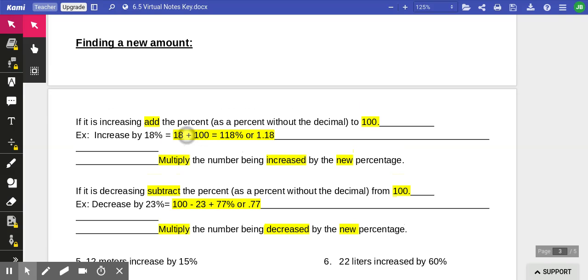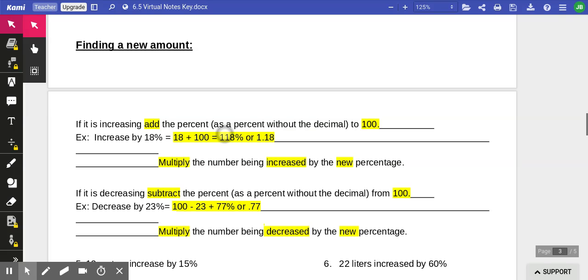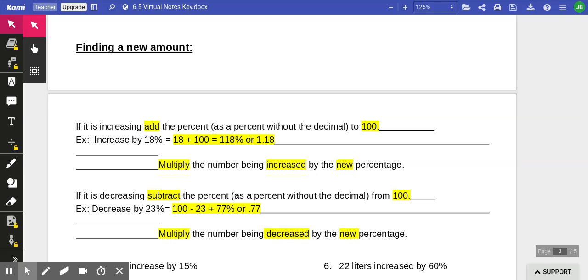We're not doing 0.18 plus 100. It's 18% plus 100% gives us 118%. Now we can turn it back into decimal form, which is 1.18. 118% or 1.18 are equivalent.